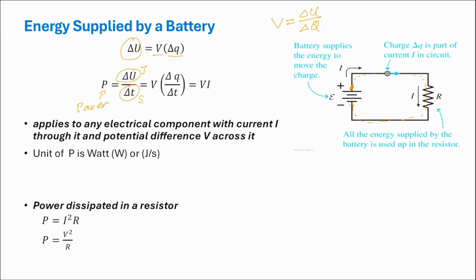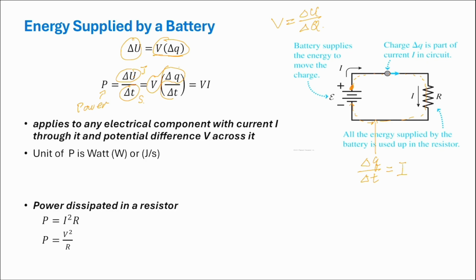Remember, delta U can be written as V delta Q. So we replace the delta U by V delta Q. We regroup delta Q over delta T. It means each second, how much charge passes through a specific point. So this is delta Q over delta T, and this is our electric current.